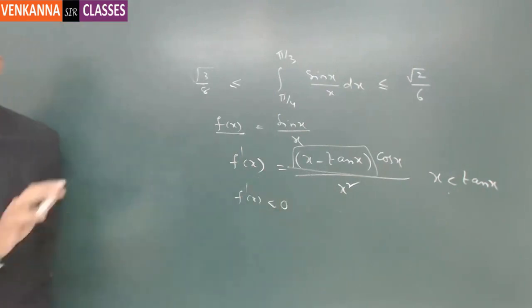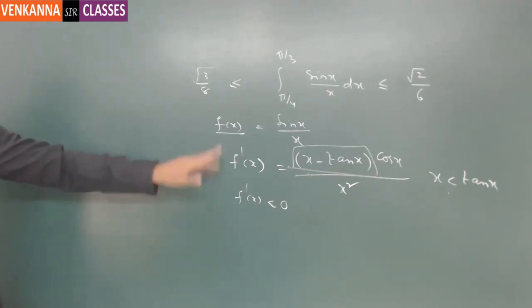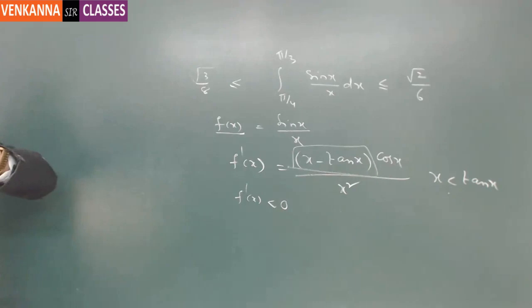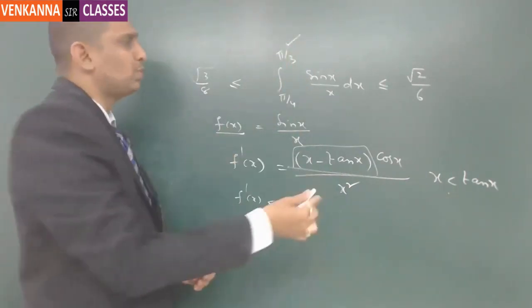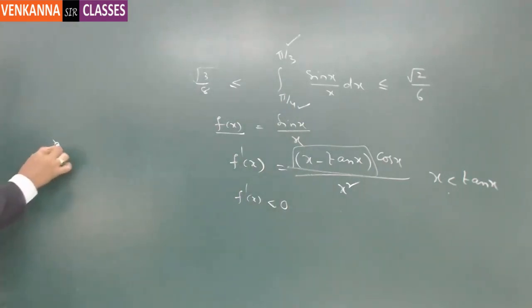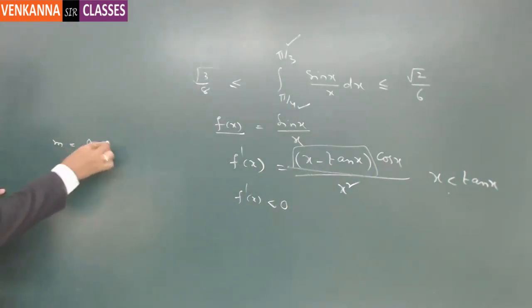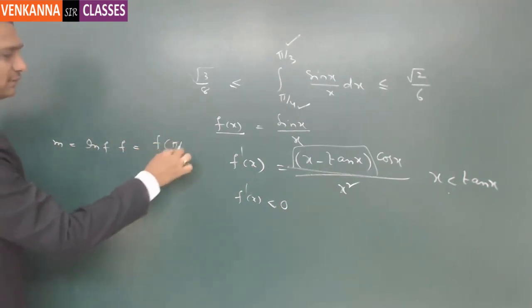I am giving the illustration of how to solve the problem; you can solve it on your own. Since f dash is less than 0, the function is a decreasing one. So if you calculate the infimum and supremum, the infimum will be given by the upper point and the supremum by the lower point. So small m is equal to infimum f, which is f of pi by 3.